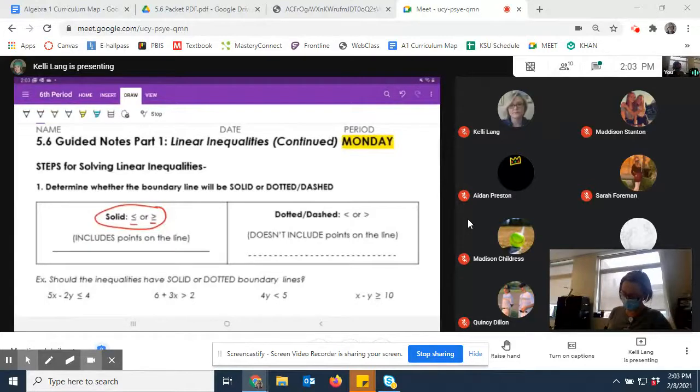And remember, solid boundary lines represent points on the line are solutions. So you might want that on your guided notes. There's a good reminder, good place to have a reminder about that.